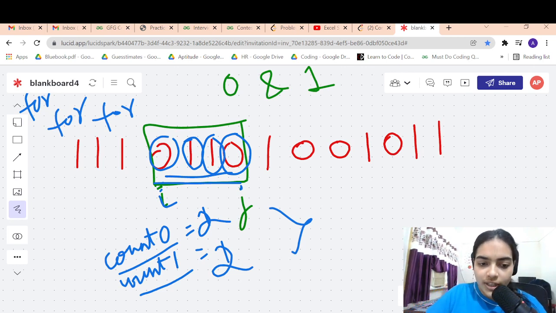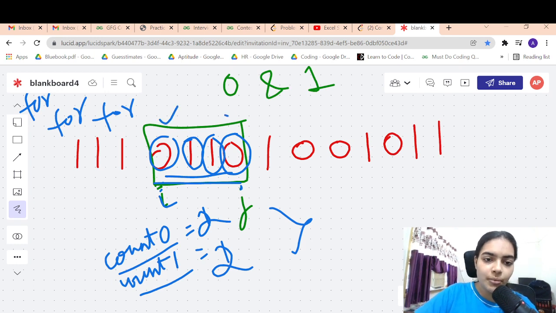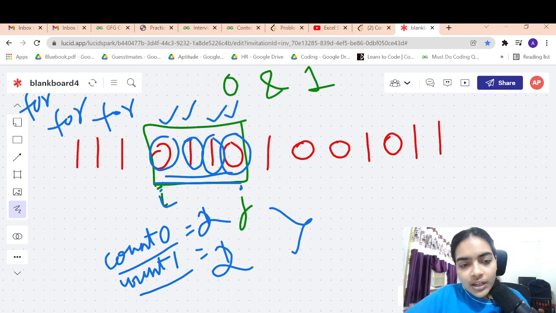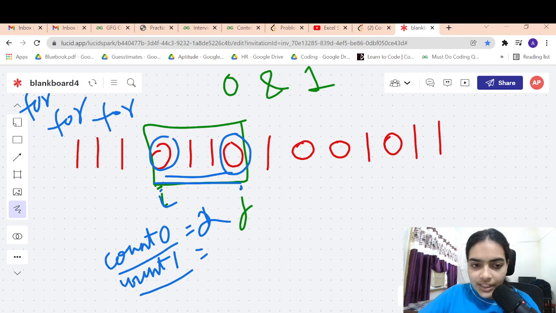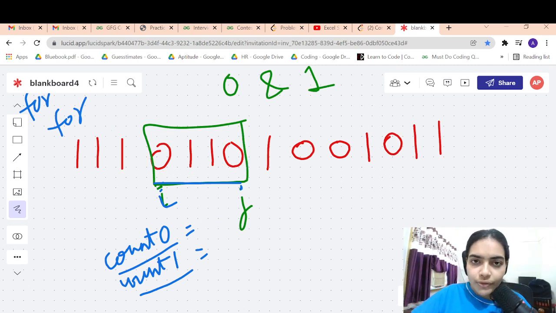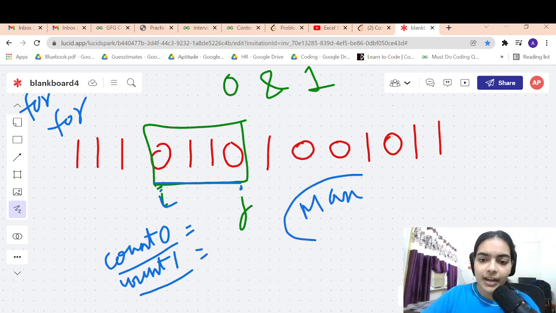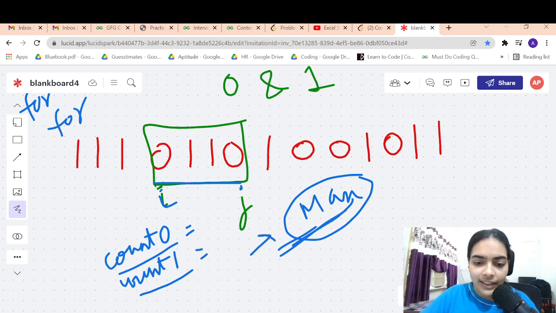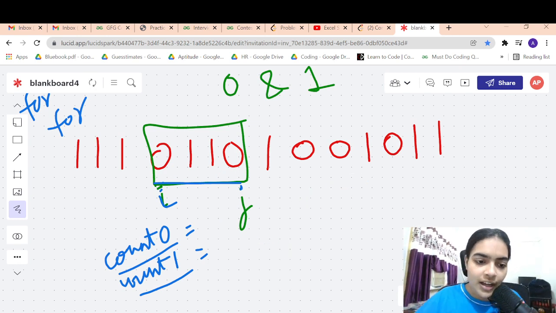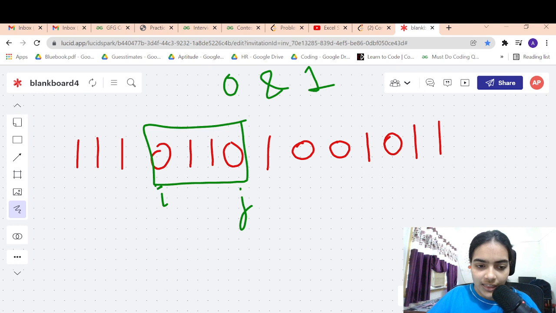If these two counts are equal, then that means I have a subarray which has equal number of zeros and ones. That means this is one possible subarray, and now we have to find the maximum length of such a subarray. So we will declare a max variable and compare with that, right? This is the brute force approach that we can think of.